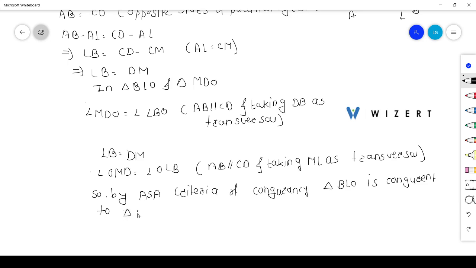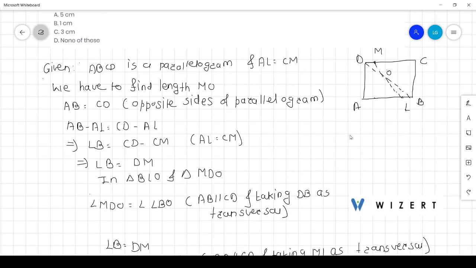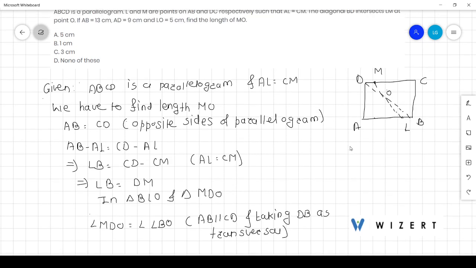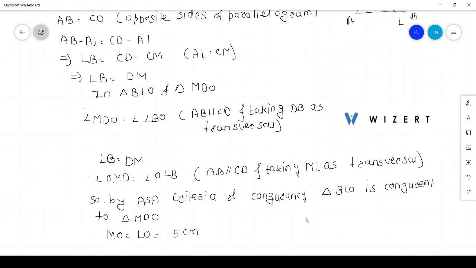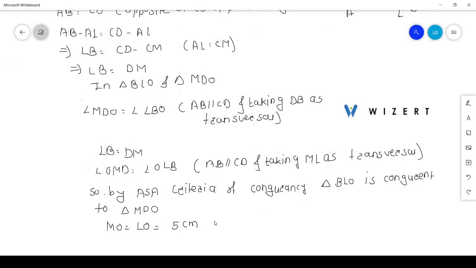Therefore, MO equals LO, and as we have given that LO equals 5 centimeter, so MO will also be 5 centimeter.